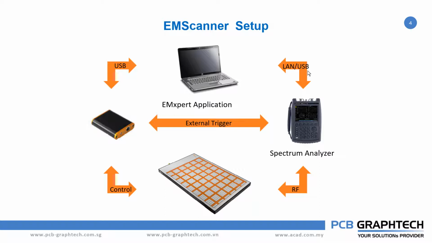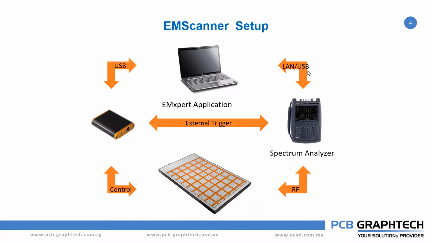The spectrum analyzer measures the RF signal received from the EM Scanner, generated by the very near field emissions of the activated PCB, and outputs the data to the PC. From the RF spectrum analyzer to the PC, you can connect either through an Ethernet cable or a normal USB cable.